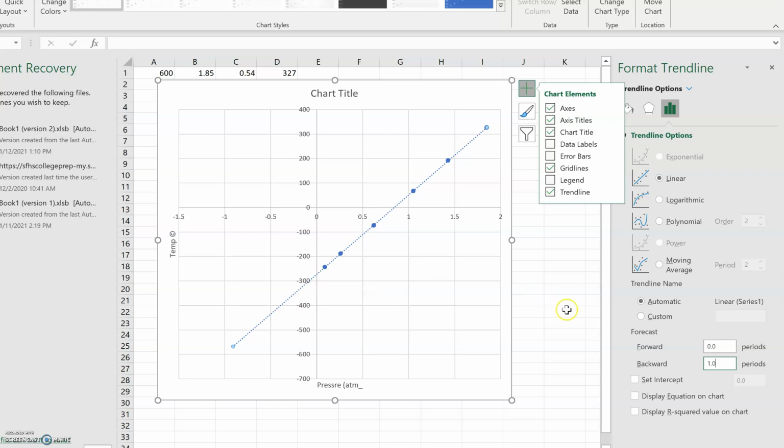We're also going to ask the graph to display the equation. And this equation up here shows us the equation for our straight line, and in particular, since this equation is the format for a straight line, y equals mx plus b, y being the corresponding value on the y-axis, m being the slope, x being the corresponding value on the x-axis, and b being the intercept of the y-axis, what we call the y-intercept.